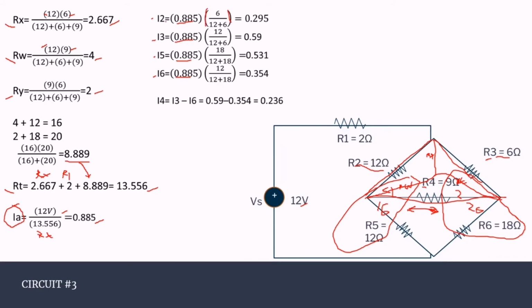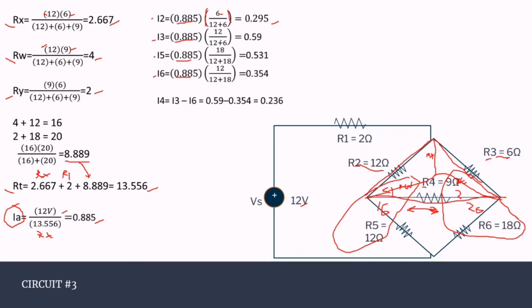To solve this, so for I2, R2 is the opposite of I3, which is equal to 6 ohms. So 6 will be our numerator over 12 and 6. 12 and 6 is equal to 0.295.